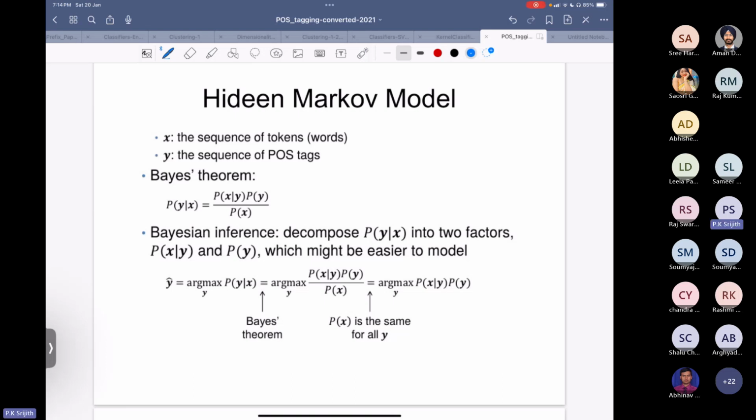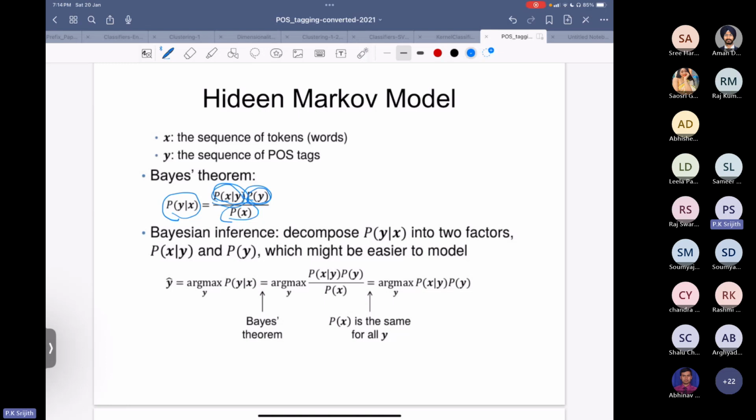The fundamental idea is that of a generative modeling approach, where you try to model your P of y given x using Bayes' theorem as P of x given y into P of y divided by P of x, right? Now we will see how exactly we model each of these components: how do we model P of x given y, and how we model P of y in the case of the hidden Markov model.